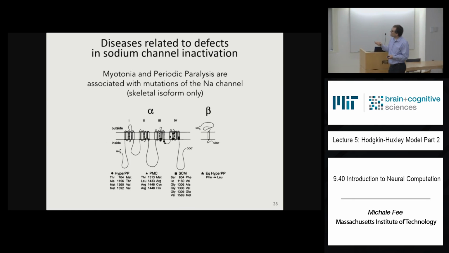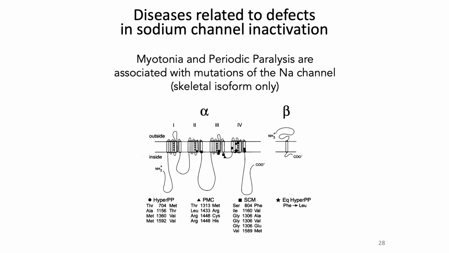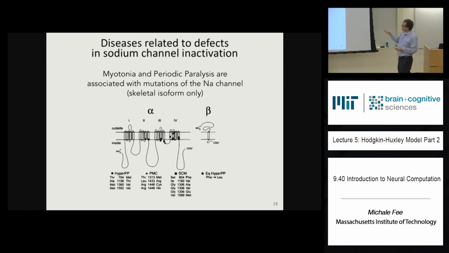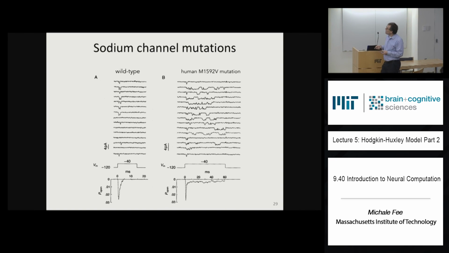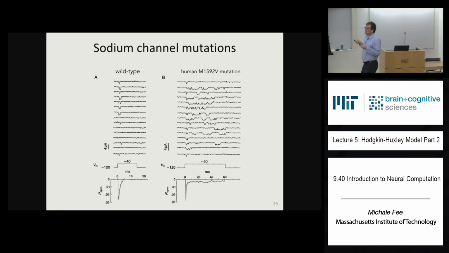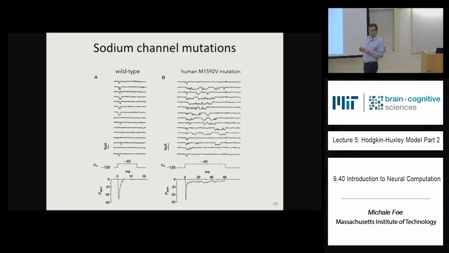So myotonia and the periodic paralysis that we just saw in those movies are caused by these different sets of mutations on those loops. And again, for these myotonias, these mutations are in the skeletal isoform of the sodium channel. Okay, so now, what do those mutations actually do?